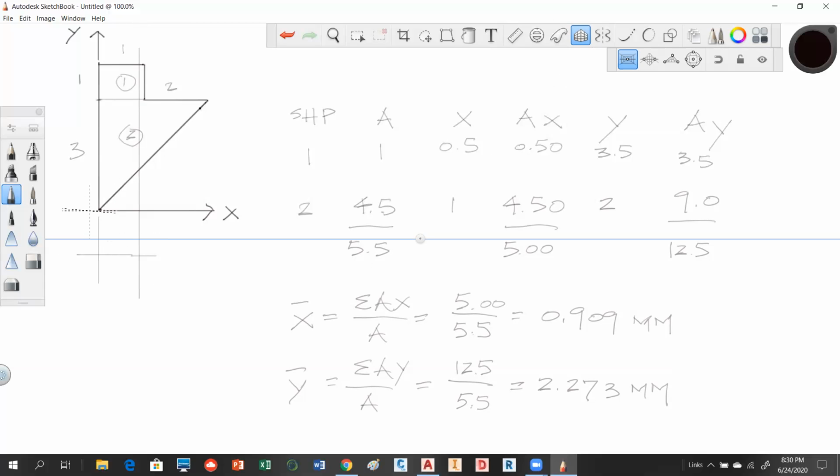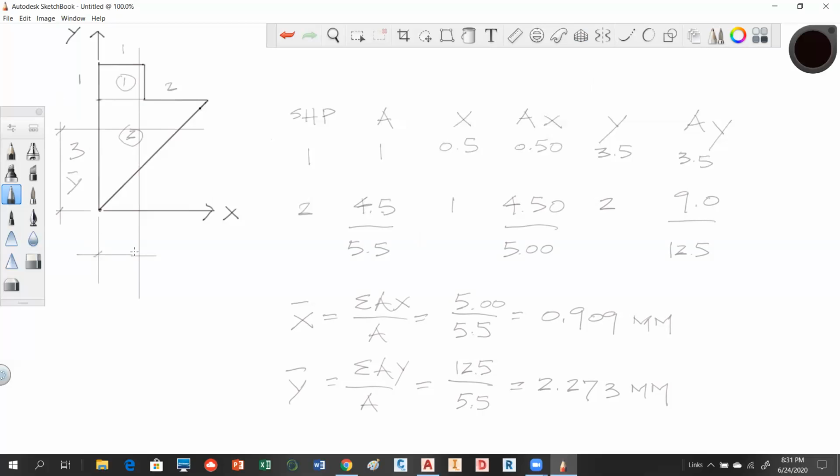And the y bar distance will be, there's 3, it's 2 point something, maybe about right here if I'm just visualizing it. And so what we would have is, there's your y bar distance, there's your x bar distance, and this point approximately is where your centroid is.